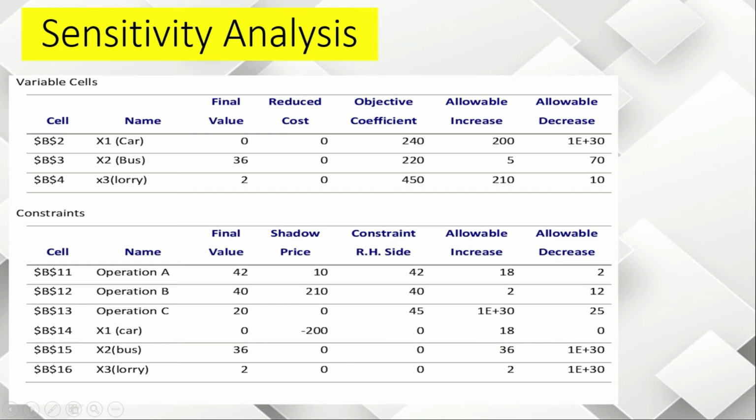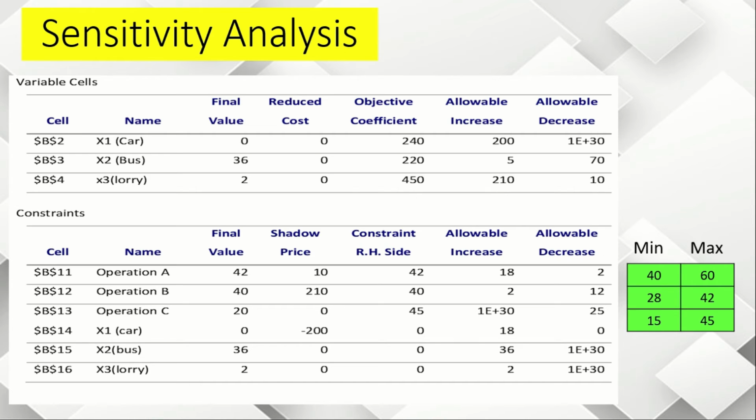Based on this table, the feasibility range for operation A is minimum 40 and maximum 60. For operation B, minimum and maximum are 28 and 42. And last, for operation C, the maximum and minimum are 45 and 15.